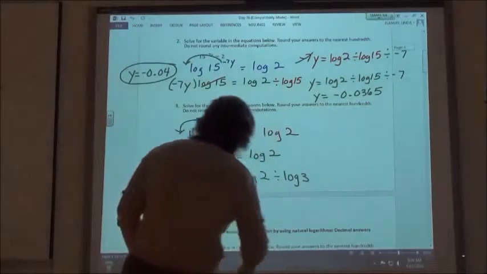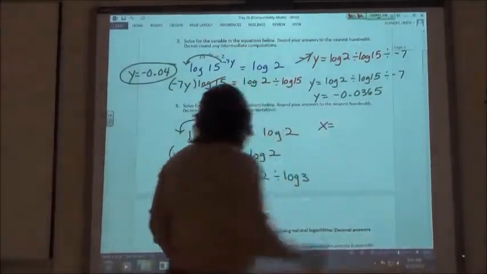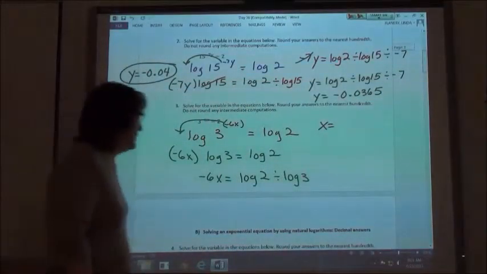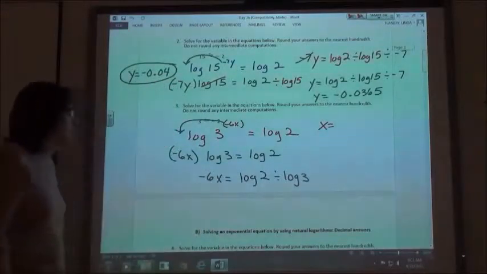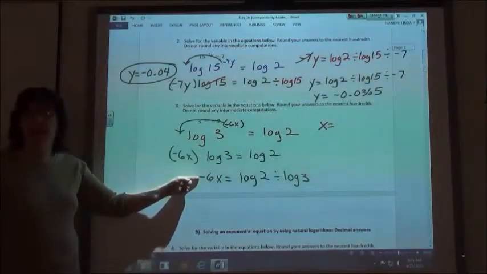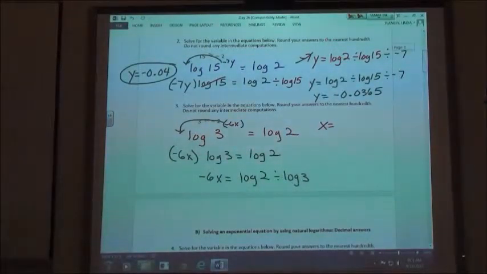And then from there we've got to move the 6x and make it divided by 6x, right? I mean 6. Divide by what's in front of the x. Well, then we move it over and make it positive. No, because we're not adding and subtracting, we're dividing. And when we divide, that negative sign comes along.